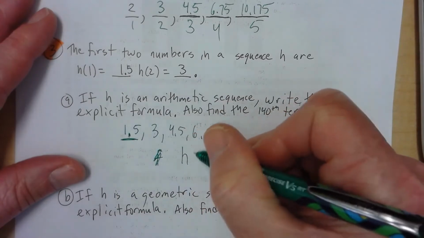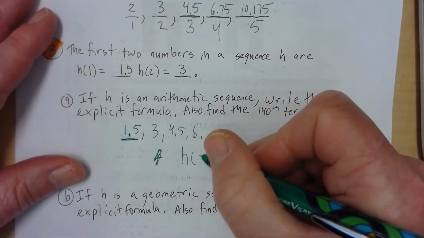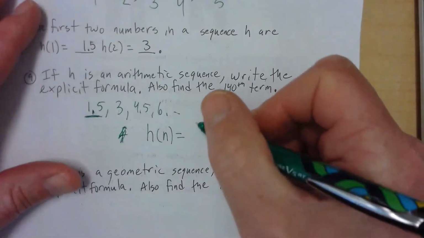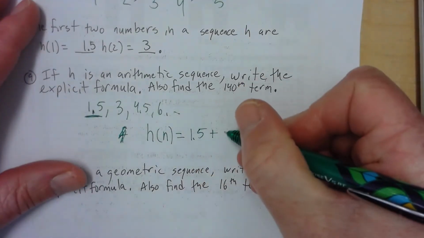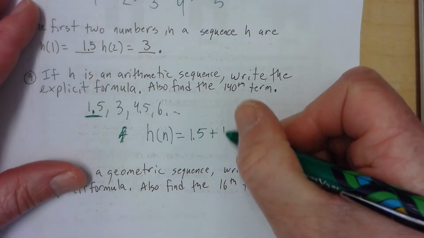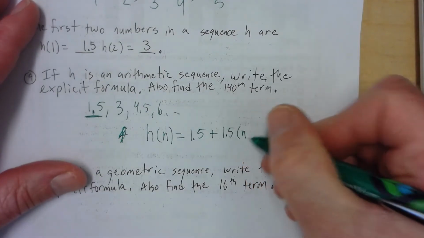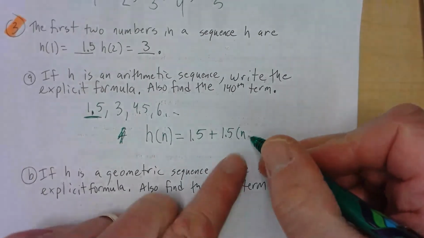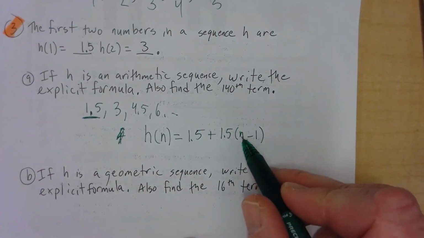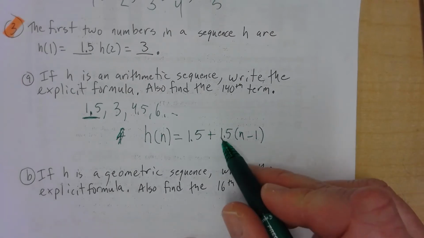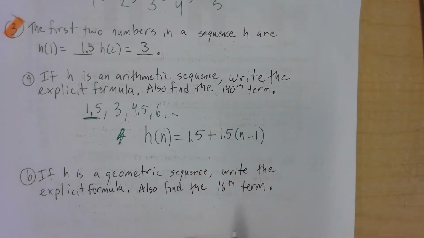H of n is equal to the starting amount, which is 1.5, plus the change, like slope, 1.5 times n. But if you don't put a minus 1 here, it won't work, because it needs to be 1 minus 1, which is 0. So then the first term is 1.5.